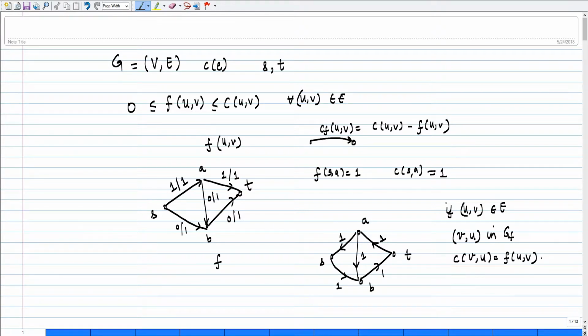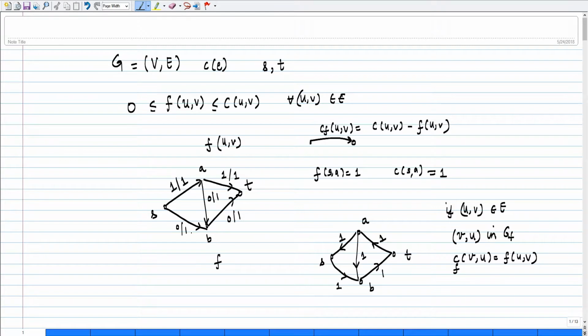This is again meaningful only if the residual capacity happens to be greater than 0. For example, B to S also we could have had an edge, but that would have residual capacity 0 because the flow along that edge is equal to 0 in F. Okay, so everybody understands what the residual network is.